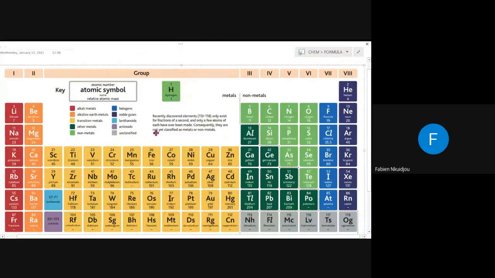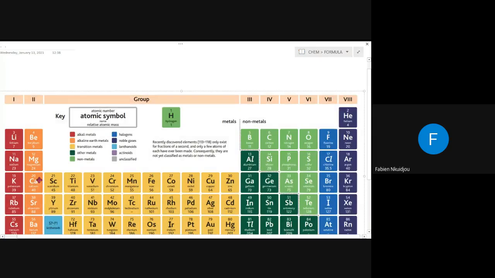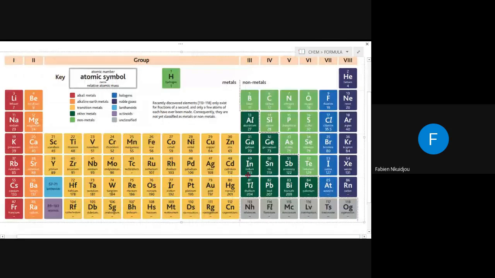This is our periodic table. On the periodic table, we have the elements arranged in groups, group 1 to 8, that is if we decide to ignore the transition series. So here we have group 1, group 2, we have group 3 over here, group 4, group 5, group 6, group 7, and group 8, often called group 0.